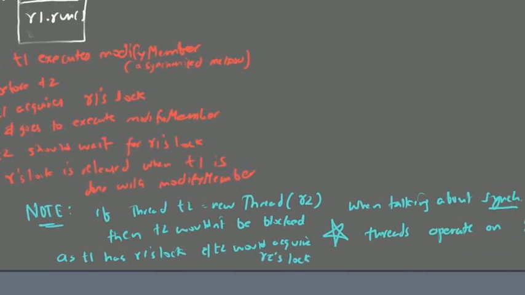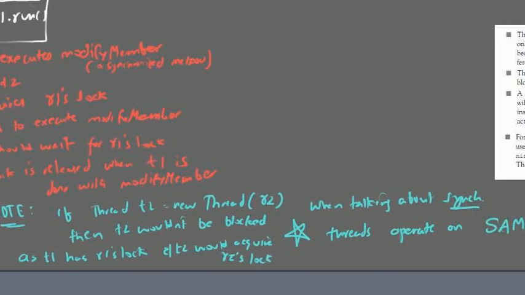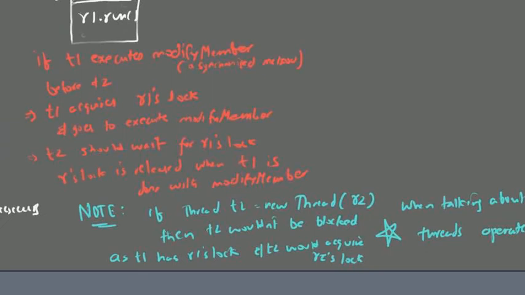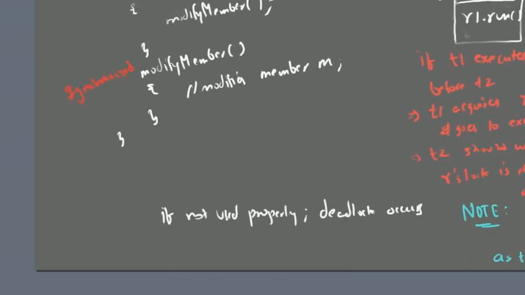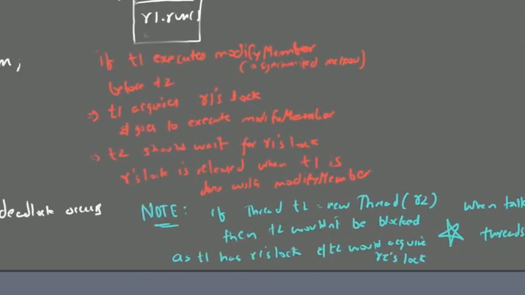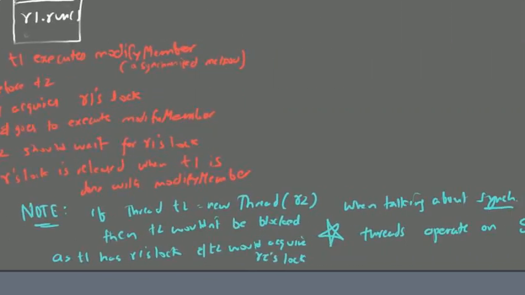What's really important here is to know that if thread T2 were tied up to a different job, a different object R2, then T2 wouldn't be blocked. T1 has the lock of R1, and in this case T2 has the lock of R2.